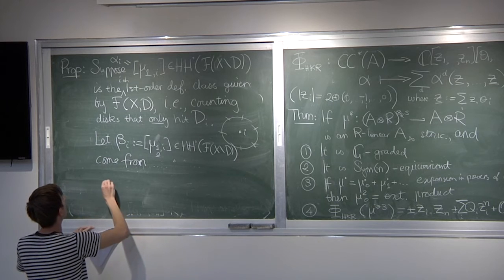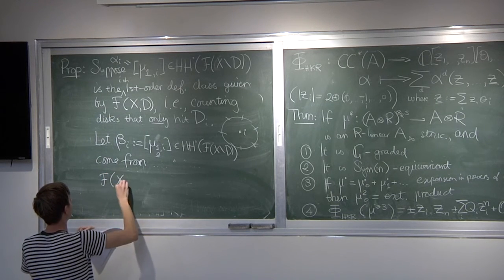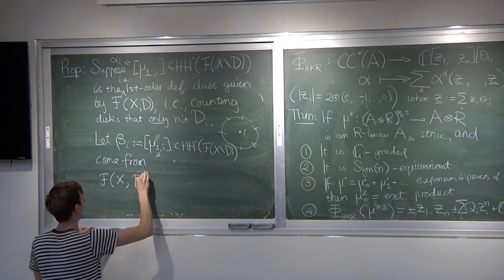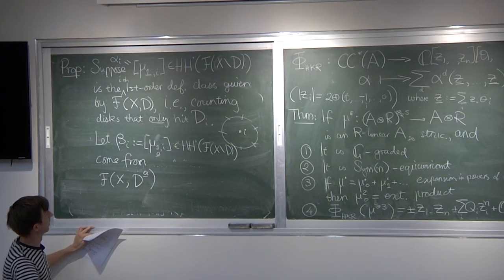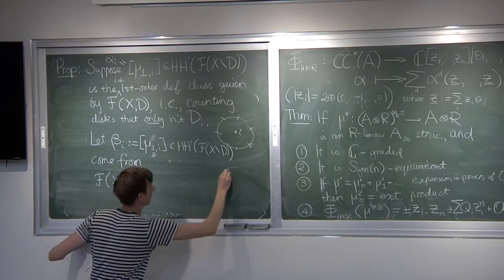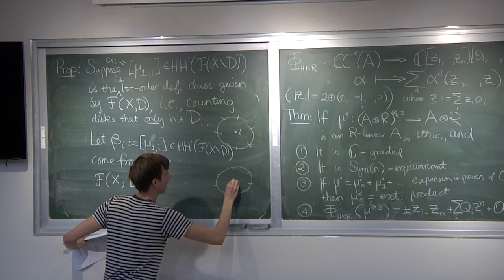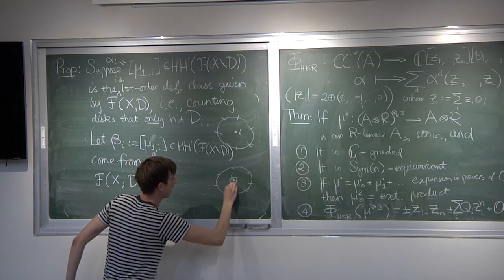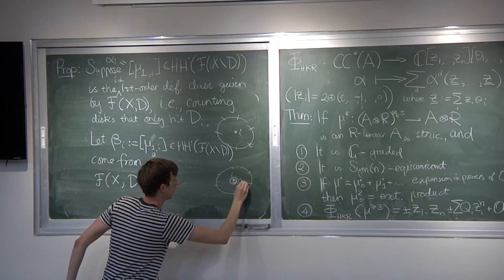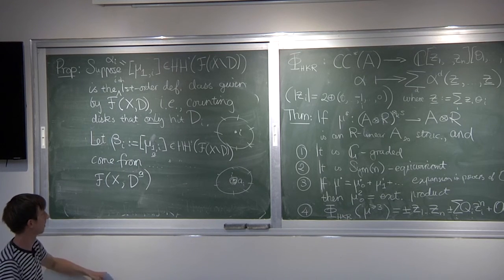Same thing, except where we have an orbifold Fukaya category down here. So this one counts disks that hit Di, but hit it with order ai, with n in our case.